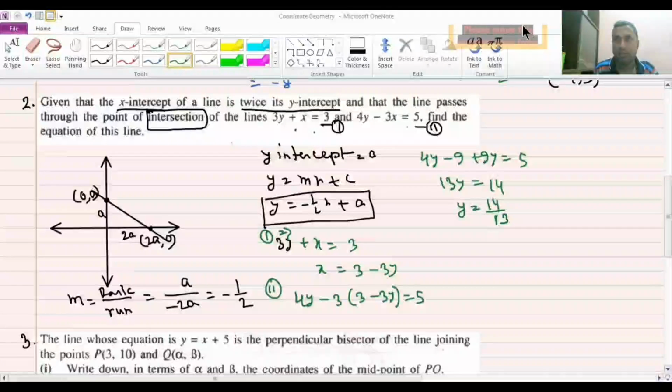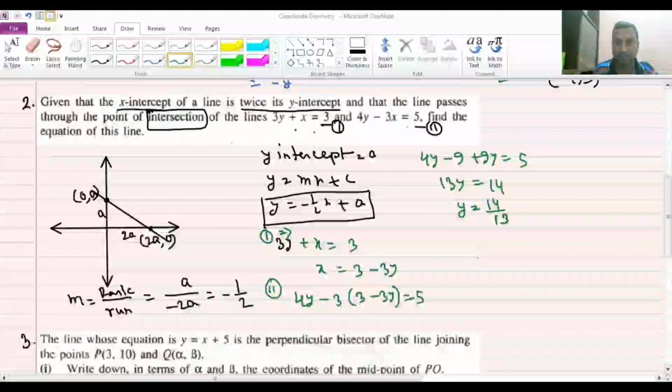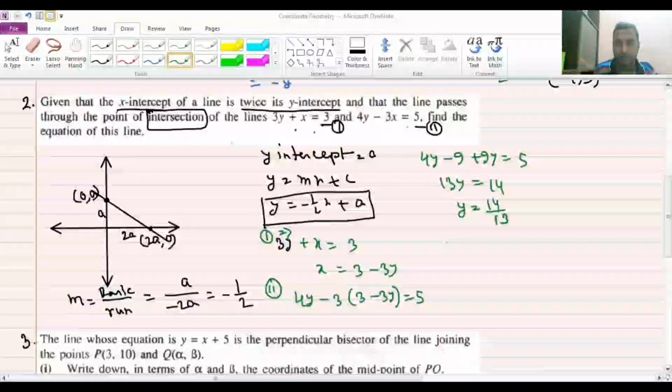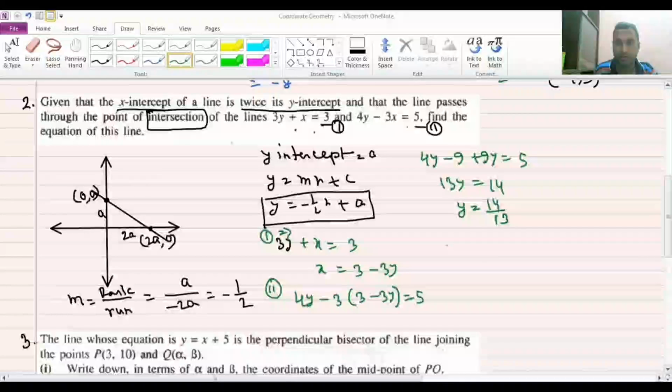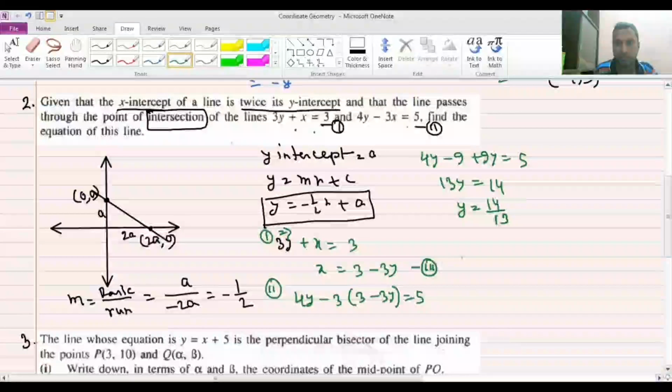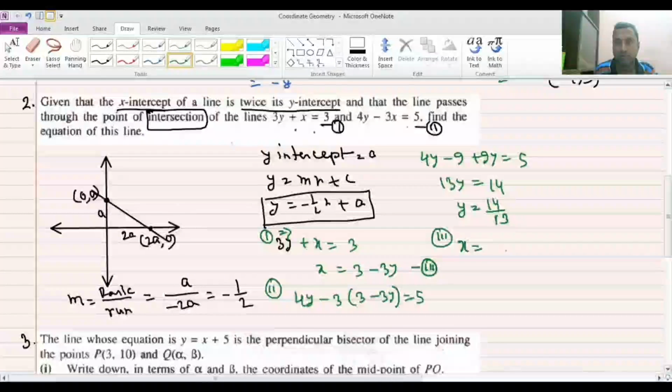Now let me use this value to find x. Put it in equation number 3: x equals 3 minus 3y.